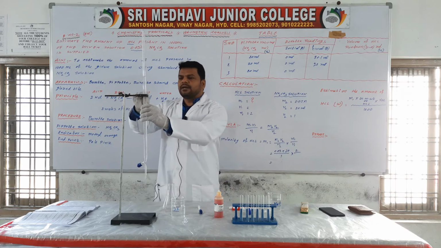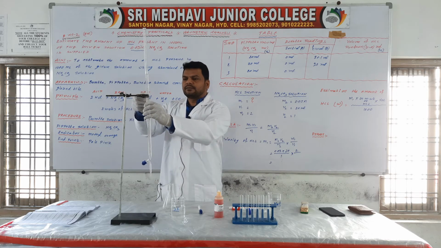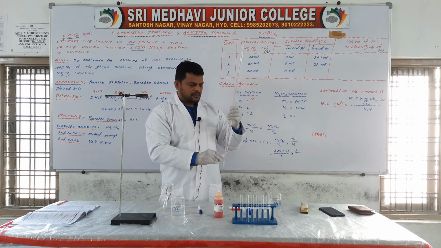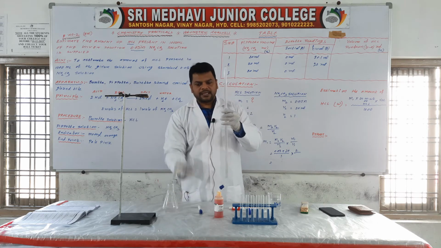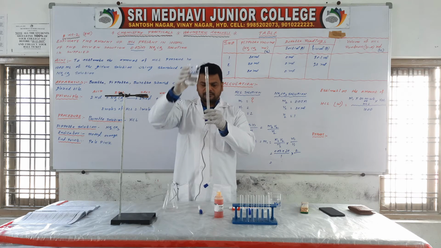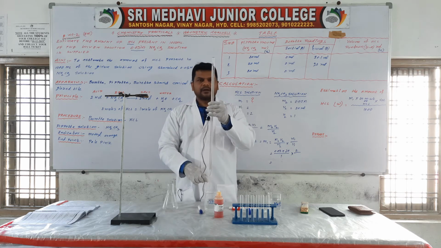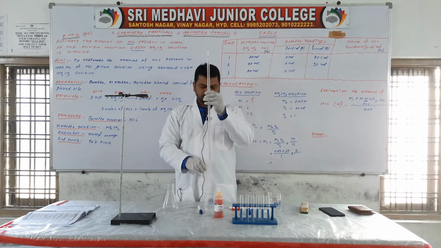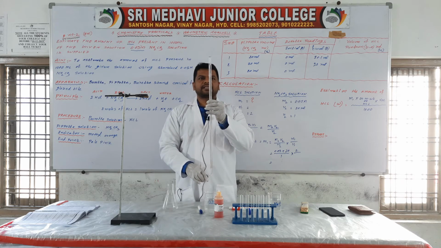So this is the burette, you have to fill it with hydrochloric acid like this. Then slowly release the excess HCl in the burette, so the value must be 0.